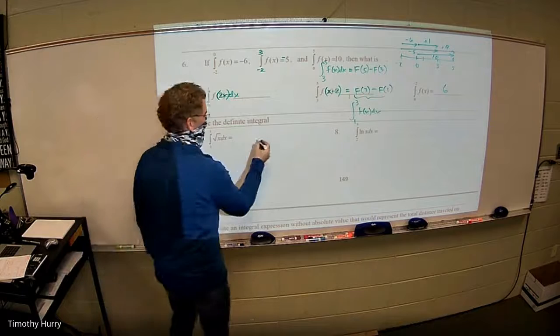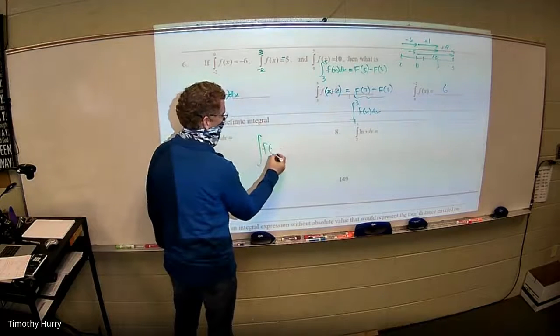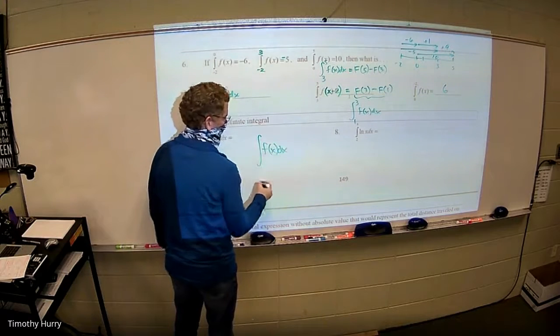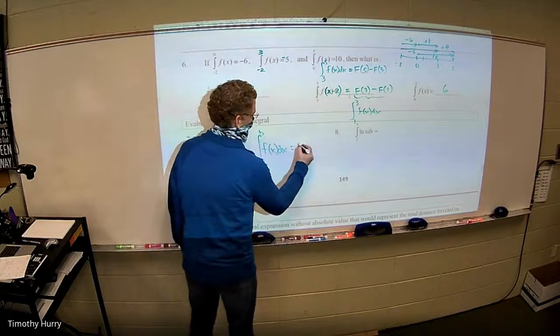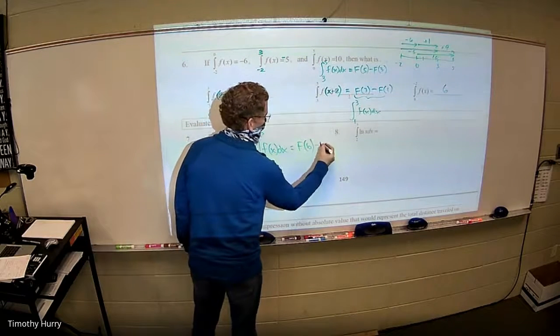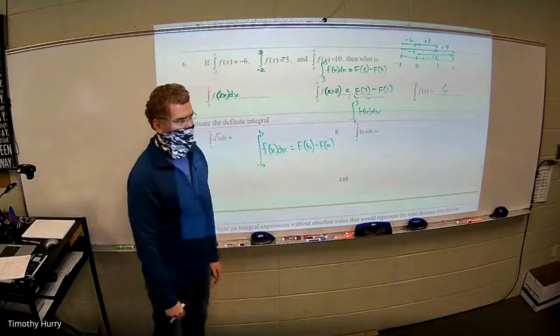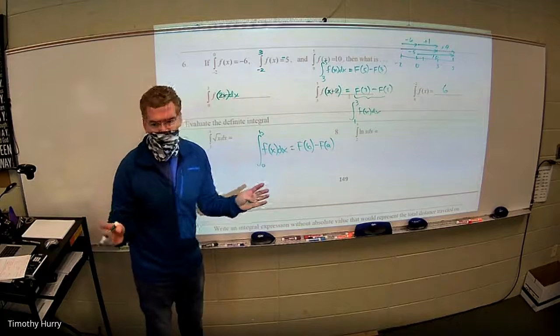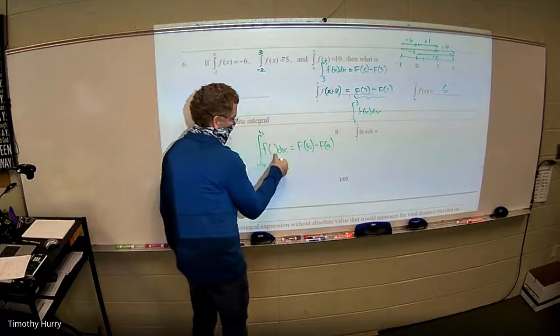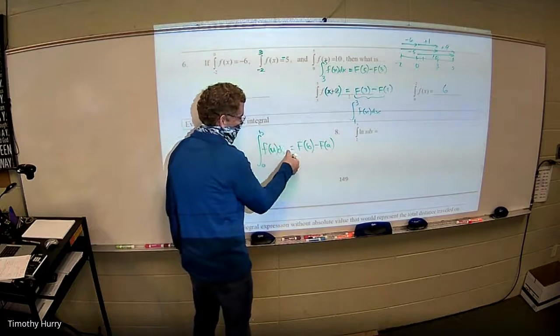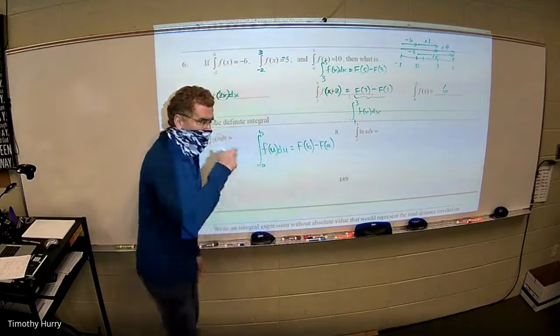My rule says an integral of an f of an x function from a to b is a big F of b minus a big F of a. That's if it's x. If it's anything else, or if it's f of u du, that's true.